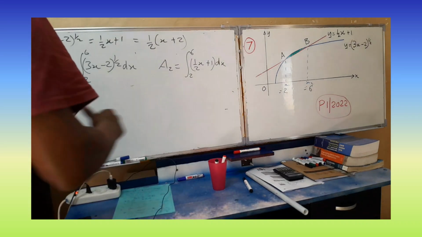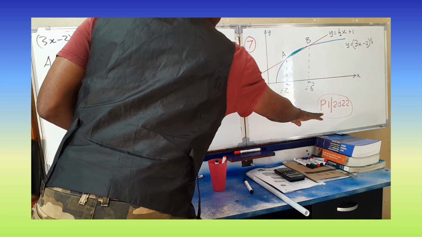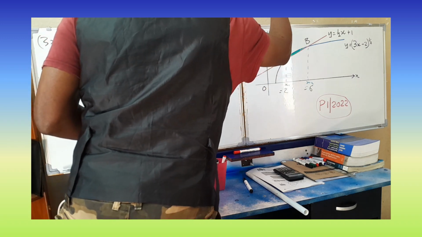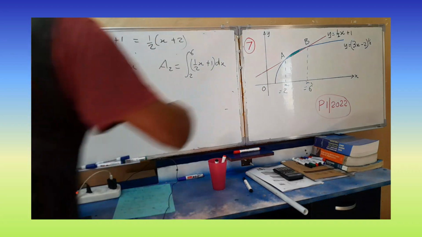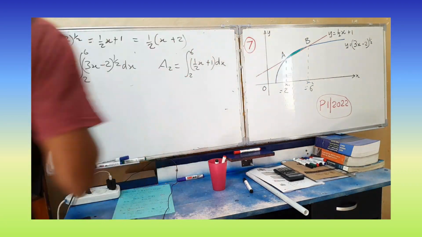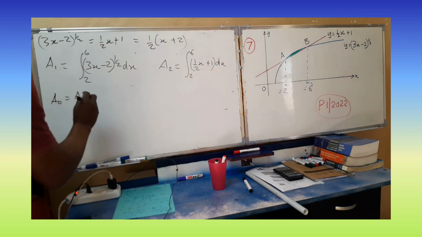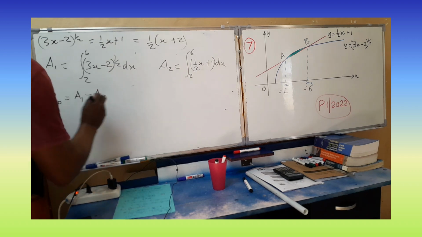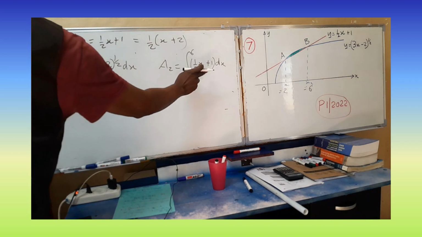So we got the area under the red graph and the area under the blue graph. So the area squeezed in between must be the area under the blue graph minus the area under the red graph. Let's call that area A0. So we can write here, therefore, A0, the green area, is equal to A1, which is the bigger area, of course, minus A2, which was this integral minus this integral.